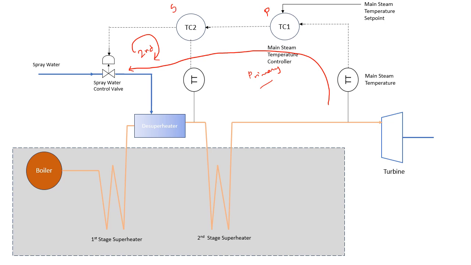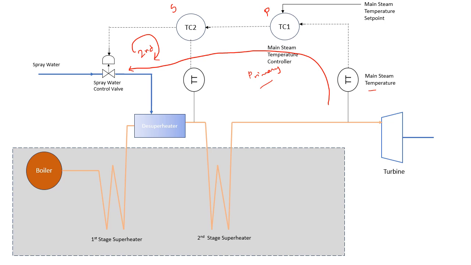If we don't have this secondary controller, what will happen? An increase in this temperature will take sufficient time, because there are lots of dead lag here. So if there are any changes in the spray control valve or the temperature of the spray water, which can affect the main steam temperature, taking action for that will take a very long time.